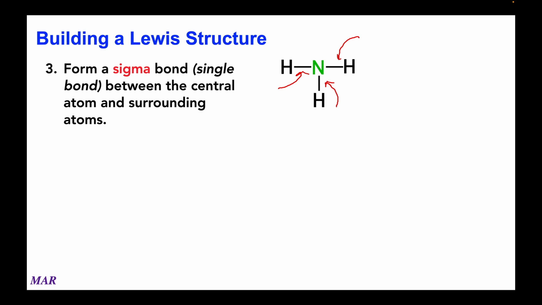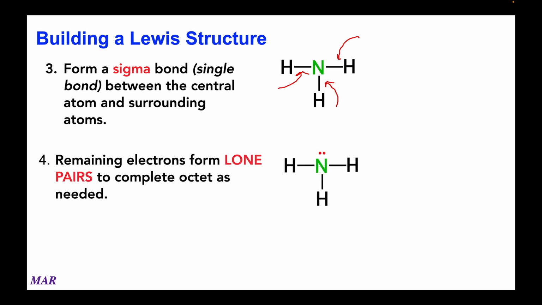Now, we had 4 pairs total, and we just put 3 pairs down to keep the outer atoms from floating away. So if you have any electrons left over, you first actually start by trying to put them on the outside atoms, but hydrogen only wants 1 pair, so there's nothing to do that. So if we have any left over after that, we'll put any lone pairs on the central atom. And nitrogen likes to have 1 pair of electrons.